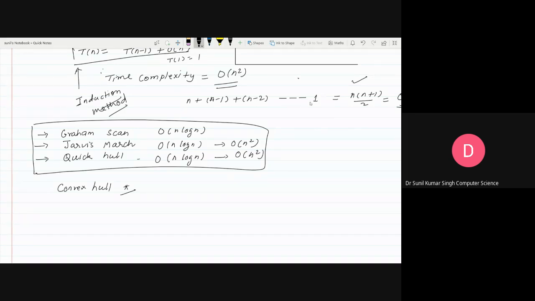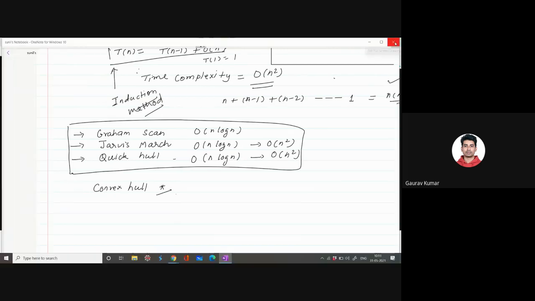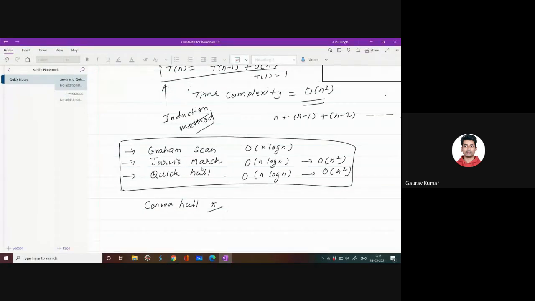Right? Sir, can I ask you a question? Yes, please. Sir, in the Jarvis algorithm, what we are calculating is the polar angle every time. But in Quick Hull, we are calculating the distance of all the points from the line. Yes. So why don't we talk about the complexity of calculating those things?